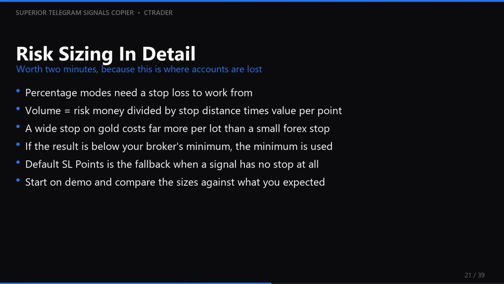A stop $11 away is over 1,000 points, which is far more expensive per lot than a 30 pip stop on a currency pair, so the correct gold volume is naturally much smaller. If the calculation lands below your broker's minimum volume, the minimum is used, because nothing smaller can be traded. And if a signal arrives with no stop at all, the default stop points value is used as the fallback. Test all of this on demo first, and compare the sizes against what you expected to see.